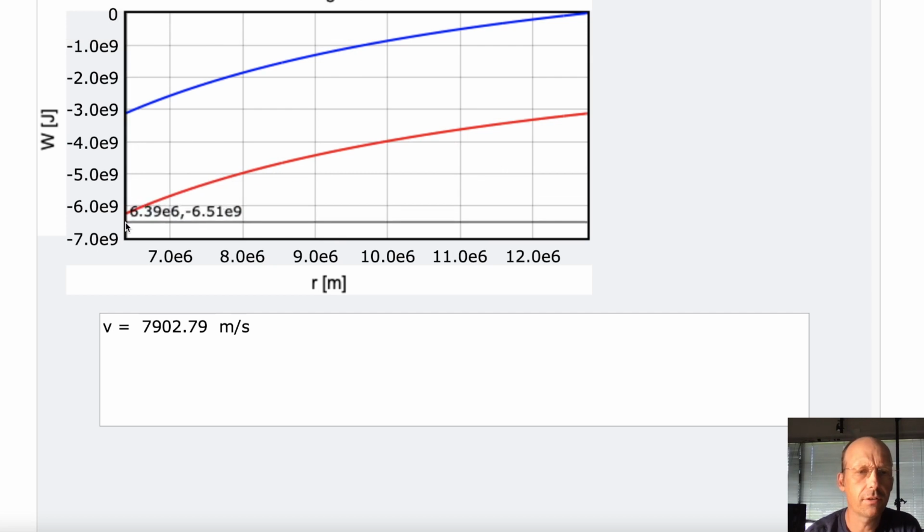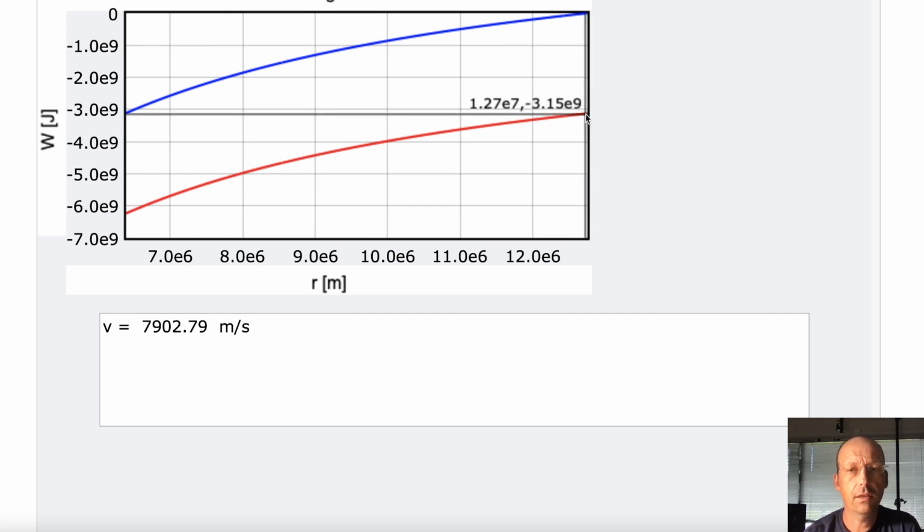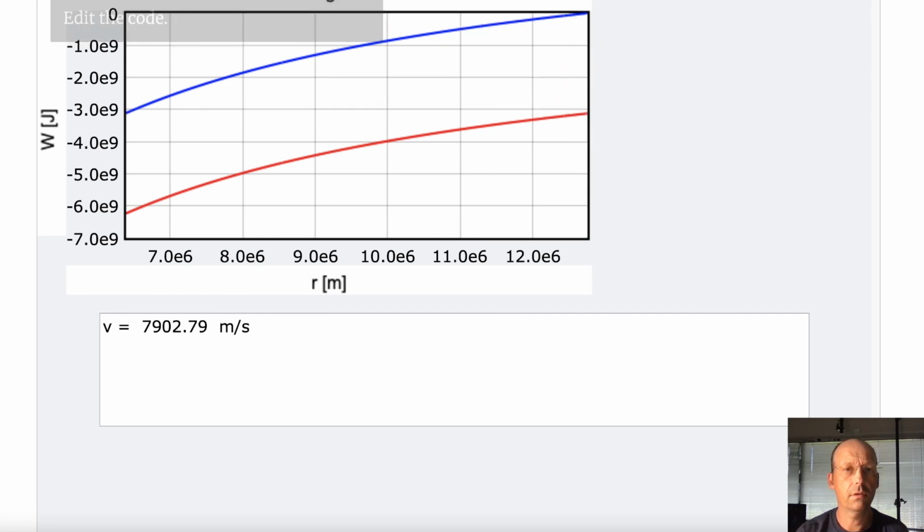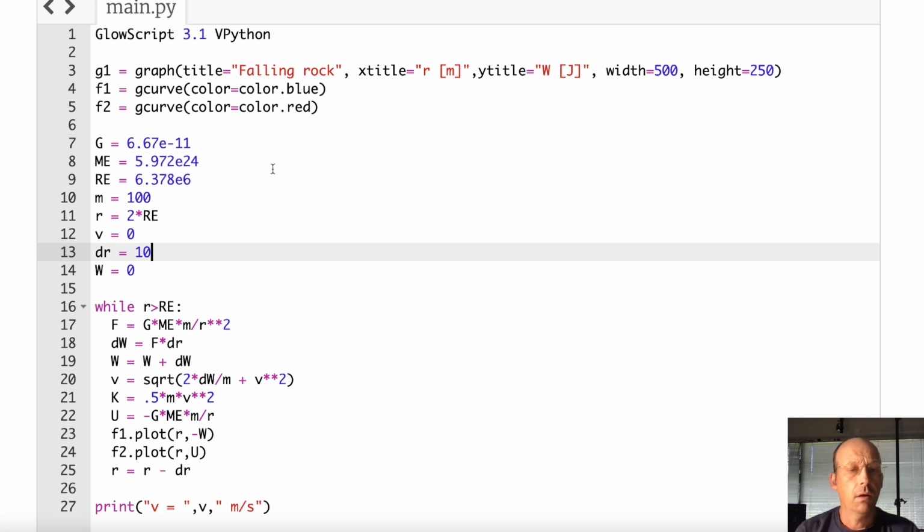Why are these different? So this one starts off at 0. So this starts off at, oh, you know what? No, I have the same values. Why are these different? Oh, that's why.